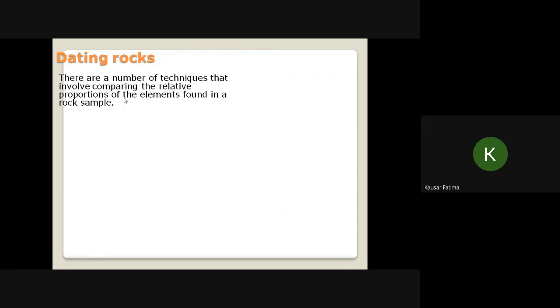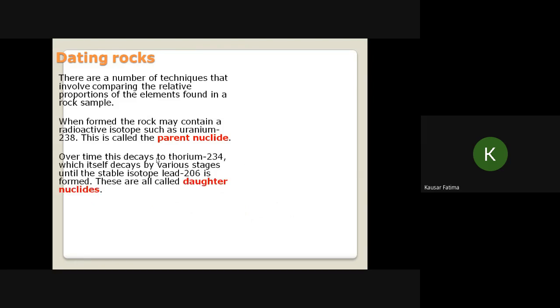Dating rocks. There are a number of techniques that involve comparing the relative proportions of the elements found in rock samples. When formed, the rock may contain a radioactive isotope such as uranium-238, and this is the parent nuclei.